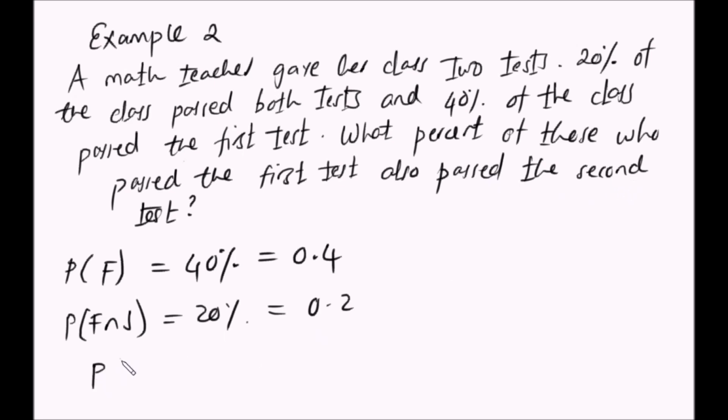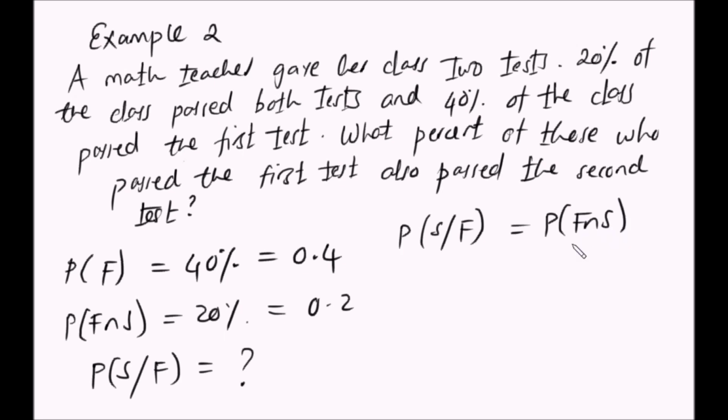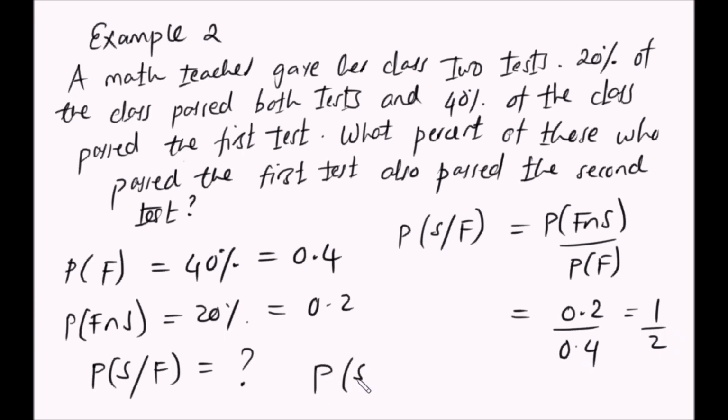I want the probability of passing the second test given that they passed the first test. We know our formula: this is equal to this over this, which is 0.2 over 0.4, which equals 1 over 2. So the probability of passing the second test, given that they passed the first test, is 1 over 2.